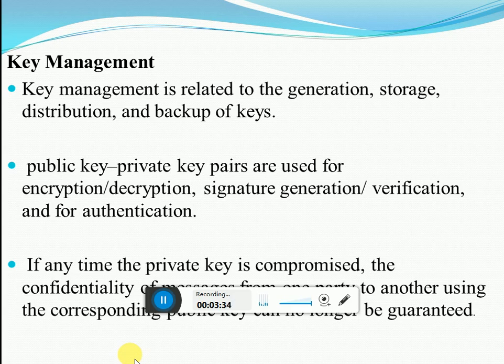So to overcome these problems, the approach used to distribute the public key is, say, a trusted third party will maintain the certificate through which it will distribute the public keys of any party to other parties.